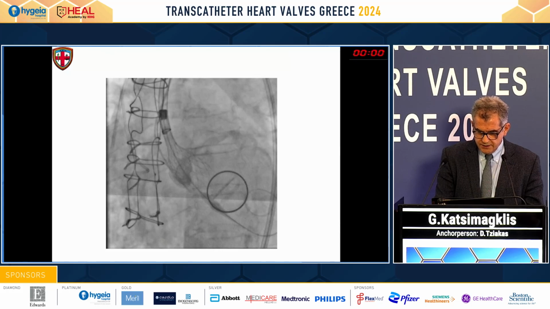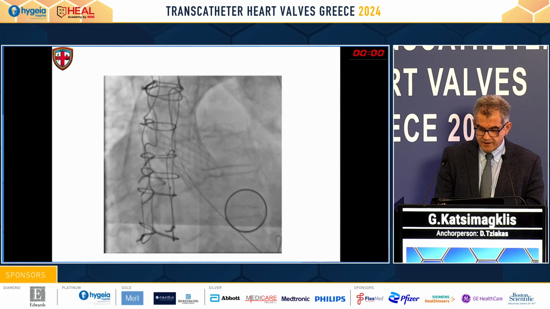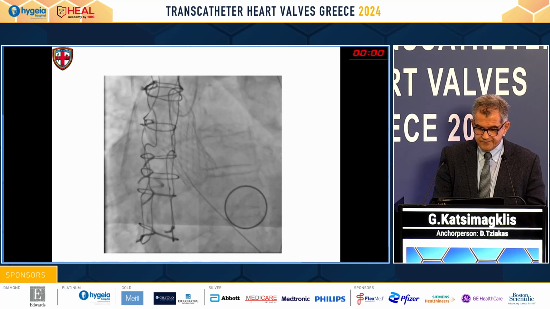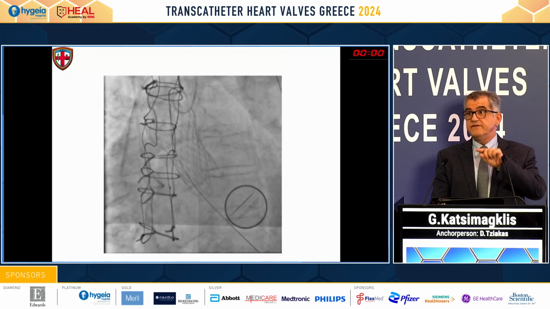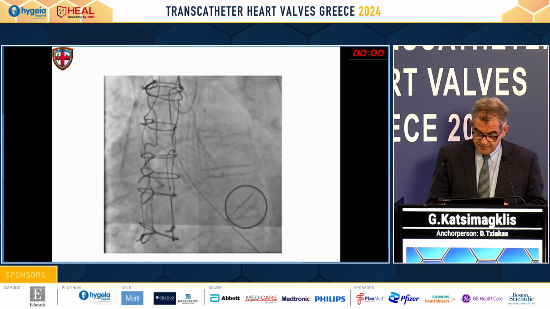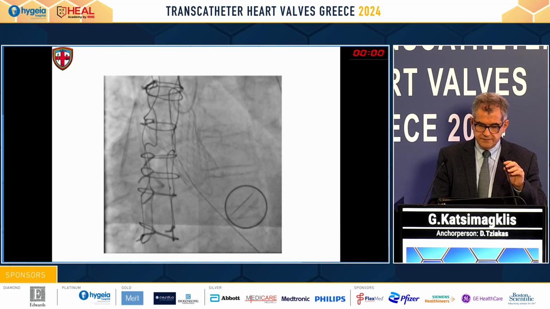This was in the beginning. The valve was embolized in the aortic root because of the delivery system, the cone.